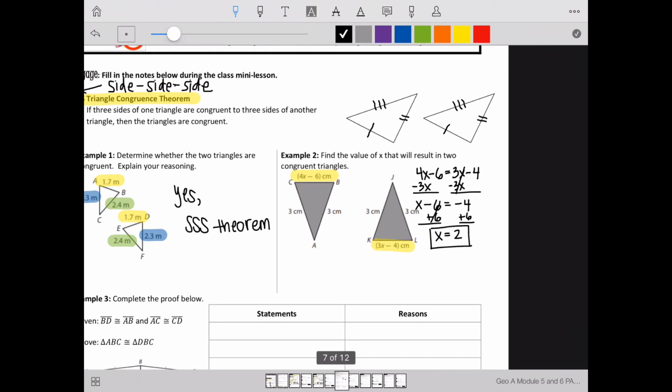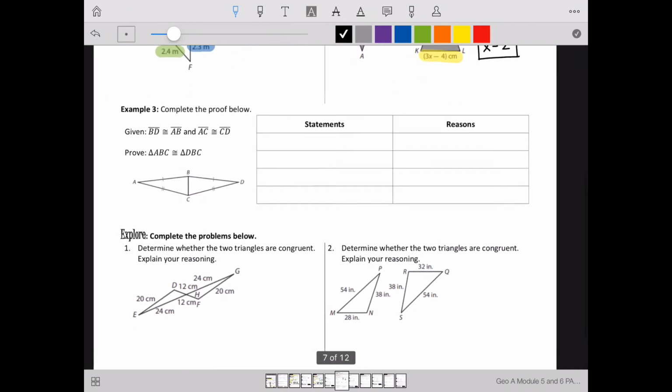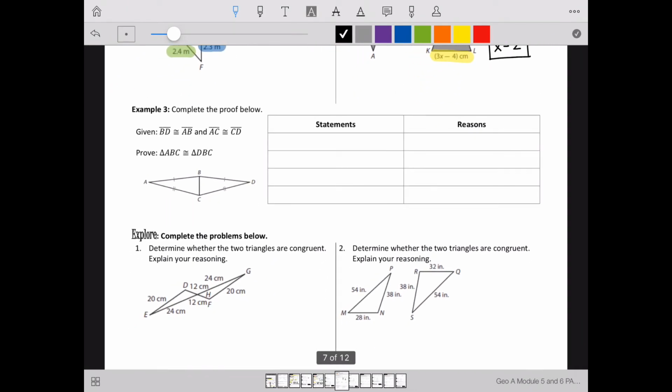One last example, a proof. Again, when we write proofs, we always start with the given information. So given that BD is congruent to AB and AC is congruent to CD, we want to prove that the two triangles are congruent. So we always fill in our given information in the top rows.